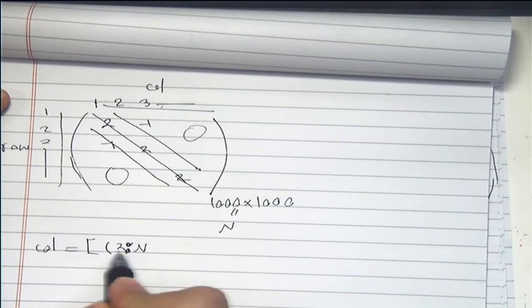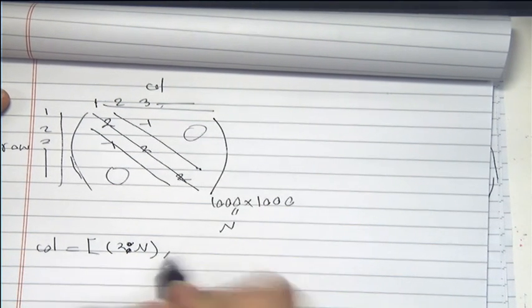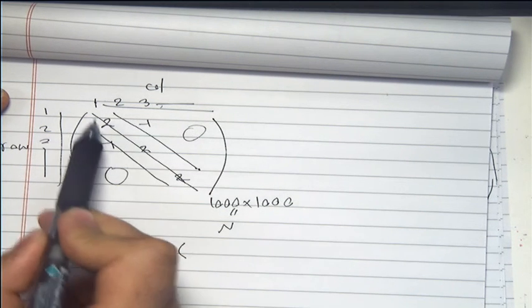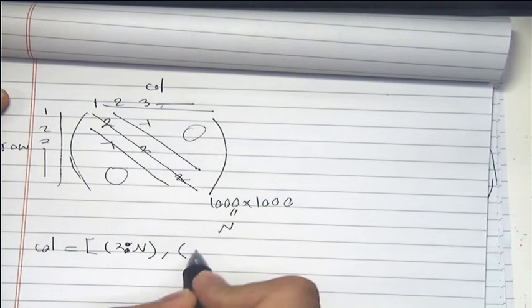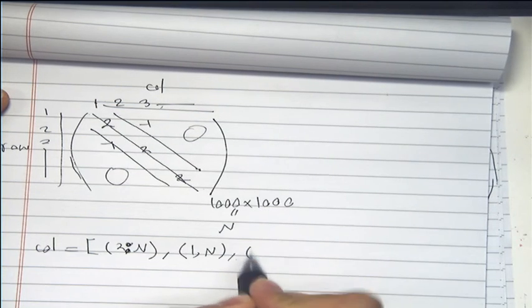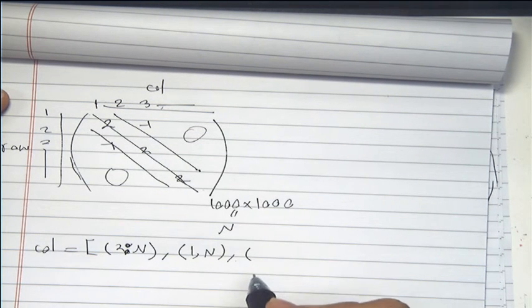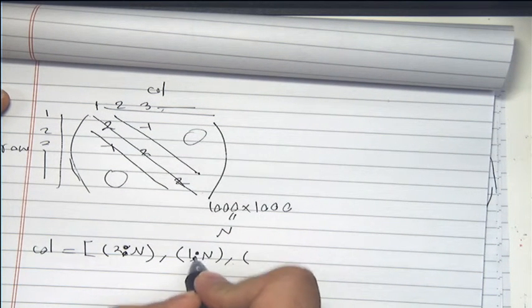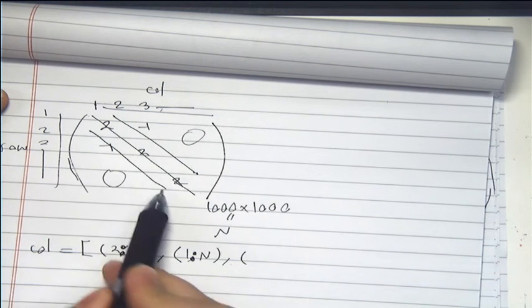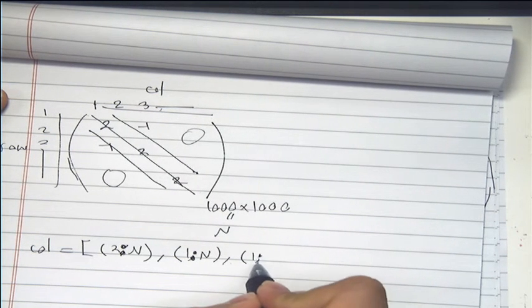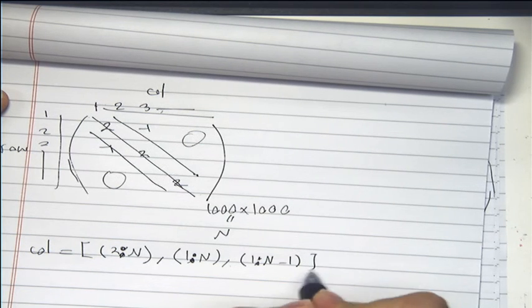We're going to put a colon, which means that it goes through the range. Then the middle diagonal goes from 1 to n, and the third diagonal, the lower one, goes from 1 to n minus 1.